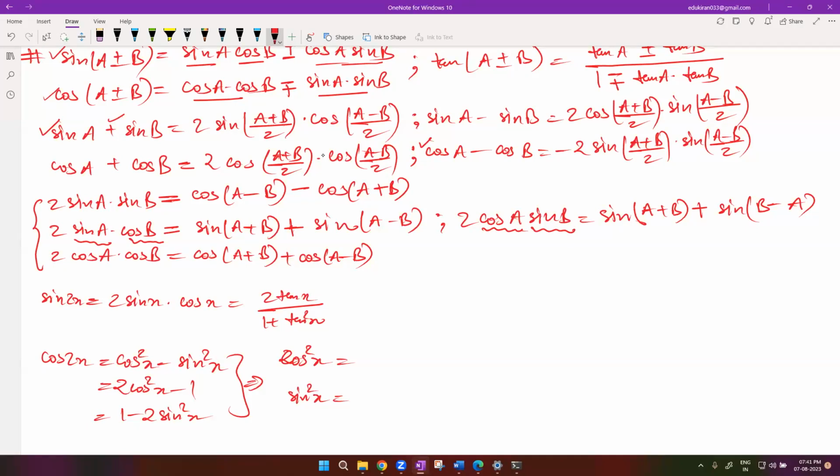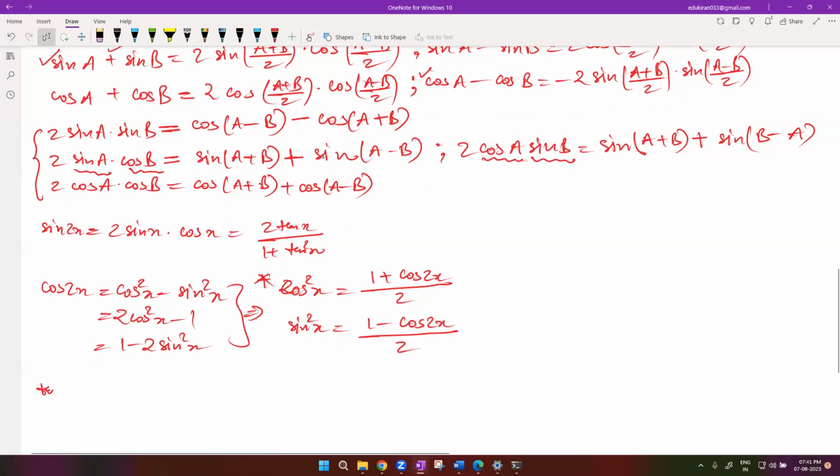So cos square x will be 1 plus cos 2x divided by 2, and sin square x will be 1 minus cos 2x divided by 2. Very important formula from cos 2x.